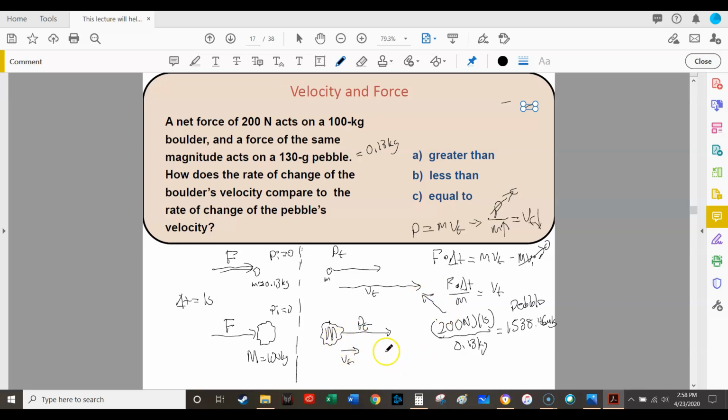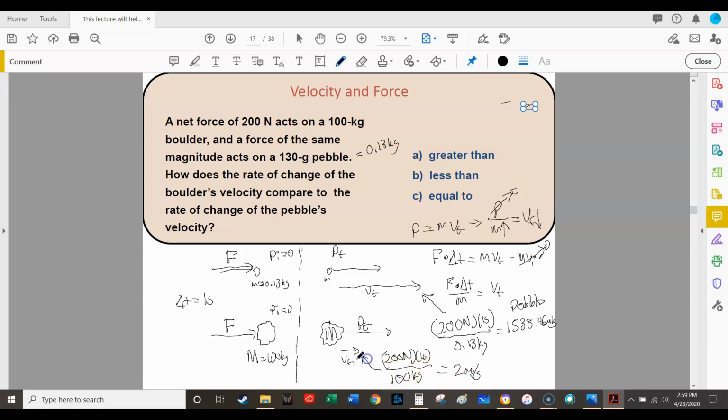The boulder's speed is going to be 200 newtons, again same force, same period of time for the impact, and this is 100 kilograms. 200 newtons times 1 second over 100 is going to be 2 meters per second.